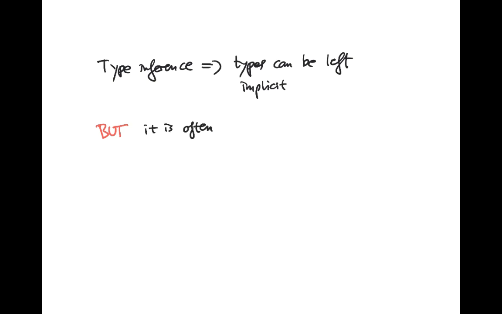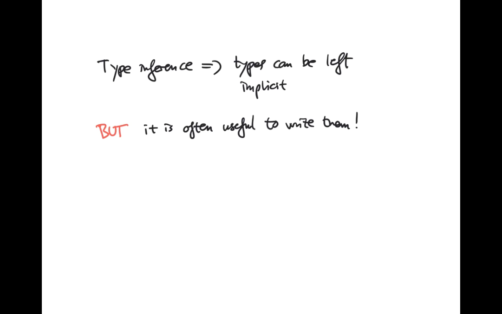And in this course, we're going to write types anyway. Because that way, when we write types, we're actually writing a specification of the program. So we can write the types into our program if we want to, but we don't have to.